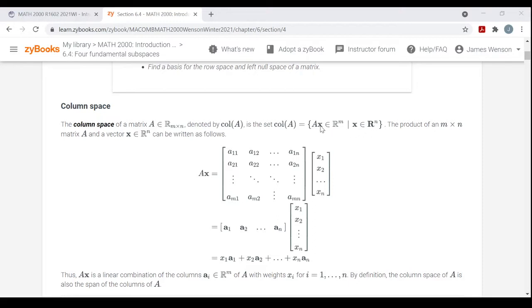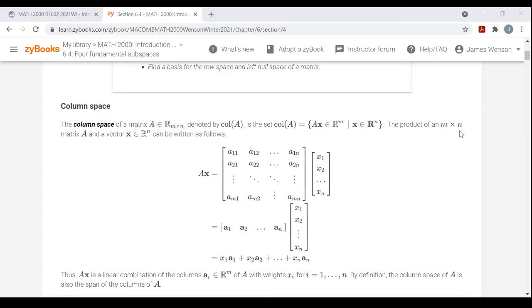That set of vectors from Rm, all the possible products of A times a vector from Rn, makes up what's called the column space of A.